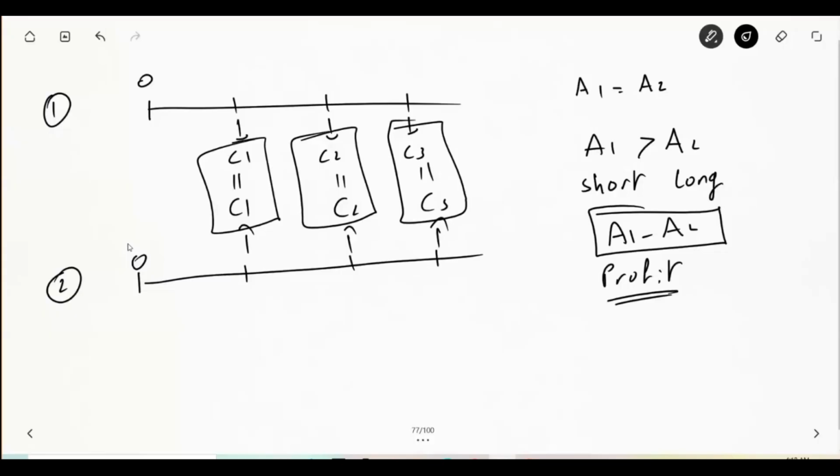So in order to eliminate arbitrage, if we are assuming that there's no arbitrage, A1 should always be equal to A2. So any assets with the same stream of future cash flows should always have the same price.